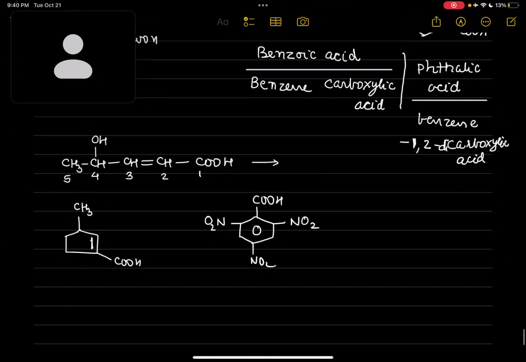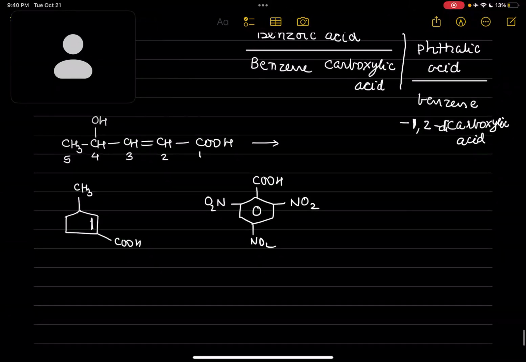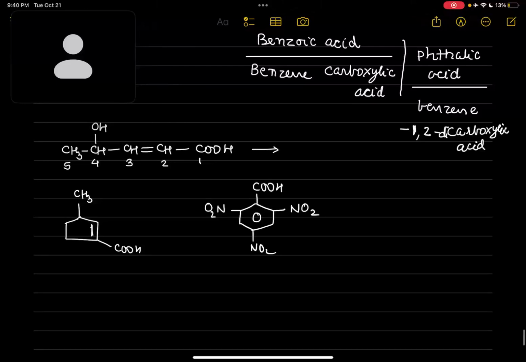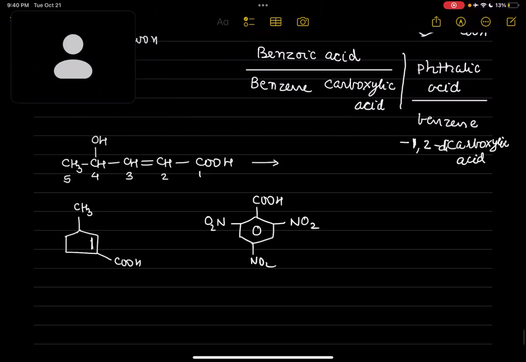What is the IUPAC name of this first compound? Aisha, Jaslin, tell me quickly. Very easy. The numbering I have already done, so now you can easily do it.